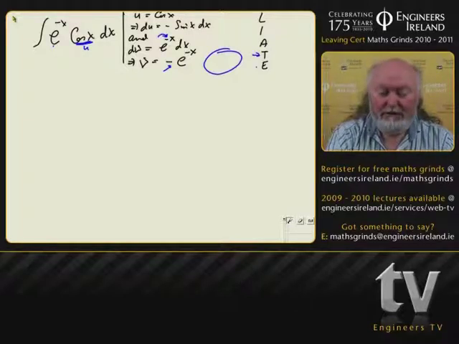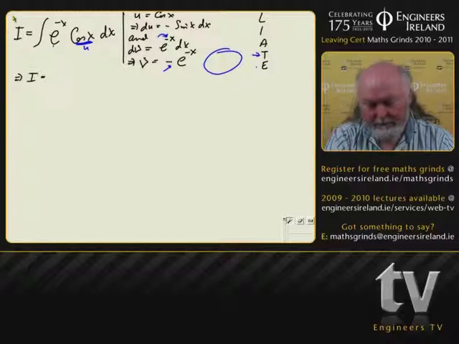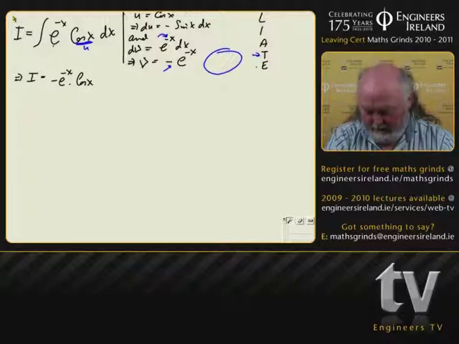So now what can we say? Our integral here, this guy, is equal to minus e to the minus x multiplied by cos x minus the integral of minus e to the minus x.